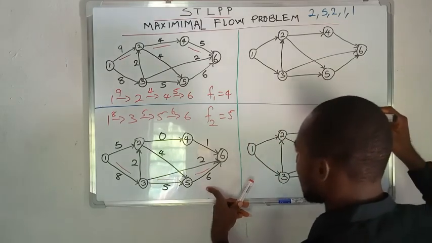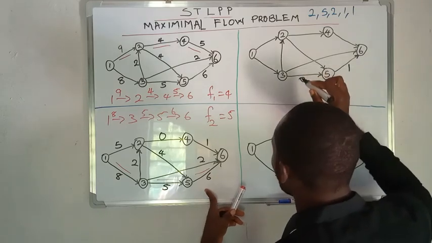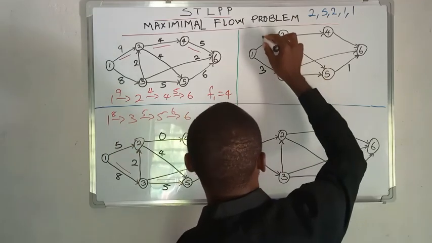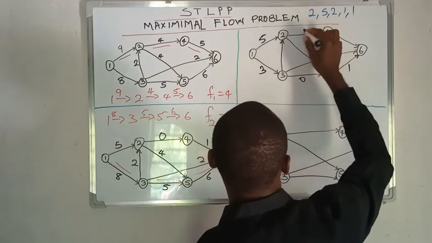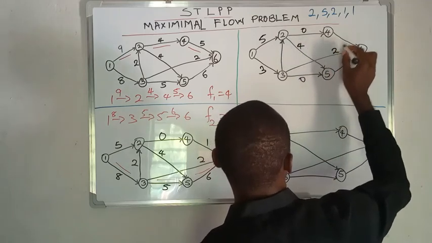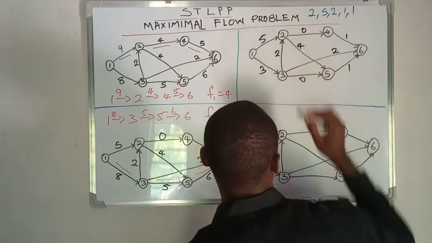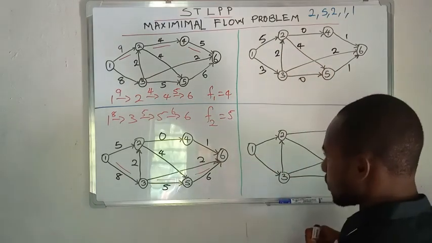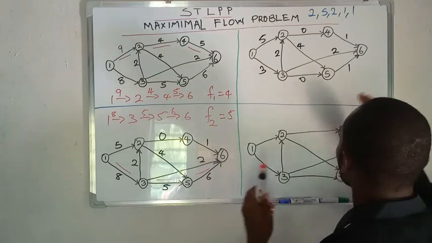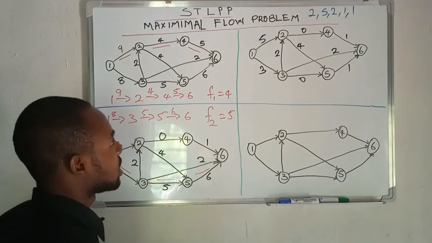So from this side we subtract 5, here we'll have 1, and here we'll have 0, and right here we'll have 3. So write out the rest: 5 here, 0, 4, 2, 1, we have 2 here, and we check which other path we can go through from the source node down to the sink node.